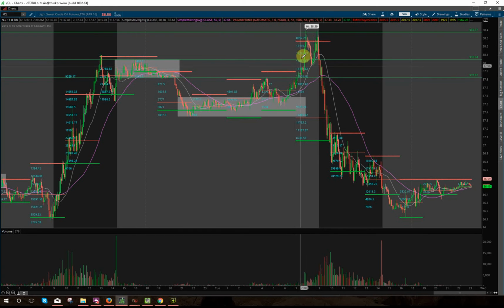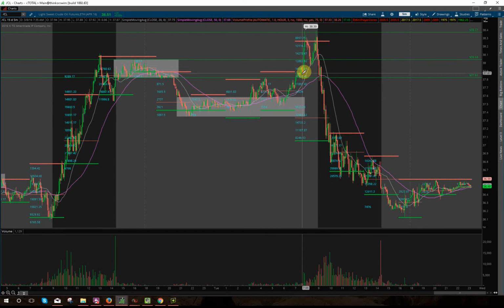It broke out above here, obviously, so this could have been a support level from the previous day, and initially it did kind of move back up. So you had about one chance here to get in, maybe a second one here, a third one, and maybe a fourth one here. So that just gives you an idea of how you could have looked at the charts here.